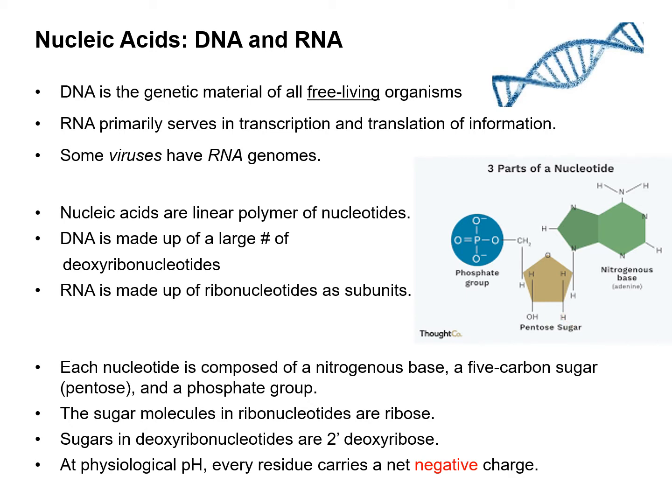However, the sugar in deoxyribonucleotides, which is a building block for DNA, is 2' deoxyribose, which has a hydrogen atom instead of the hydroxyl group that the ribonucleotides have here. And at physiological pH, every residue carries a net negative charge because of this phosphate group, which is a negative charge, as you can see.